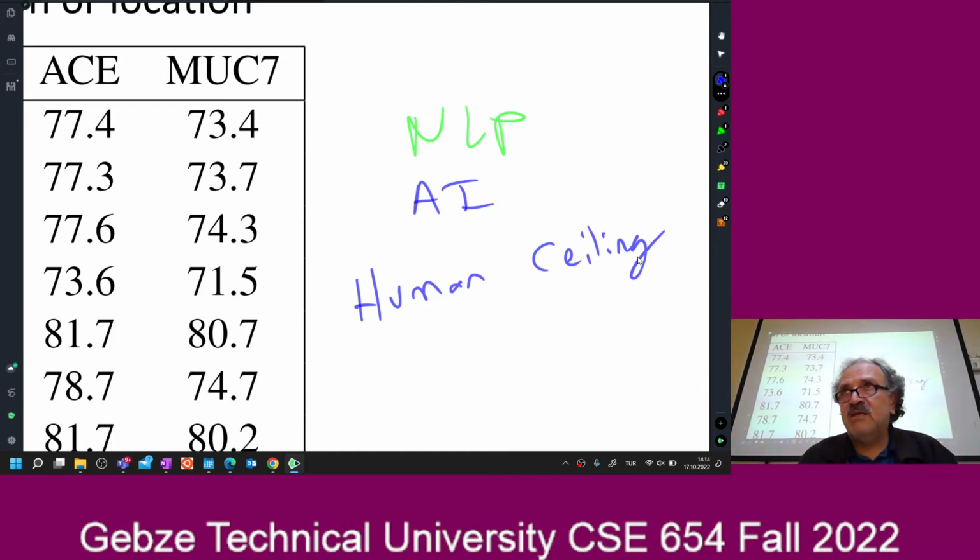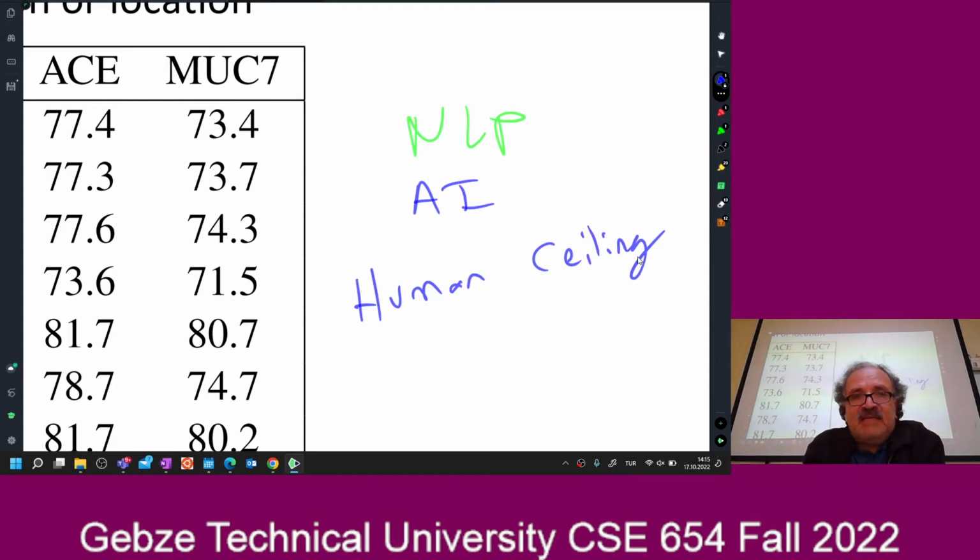Why? Because even the top professors of linguistics cannot agree on some of the sentence parsing results. They say that it should be parsed this way, the others say that it should be parsed this way, or it should be translated this way, or it should be translated that way, and etc. Okay? So there is a human ceiling.